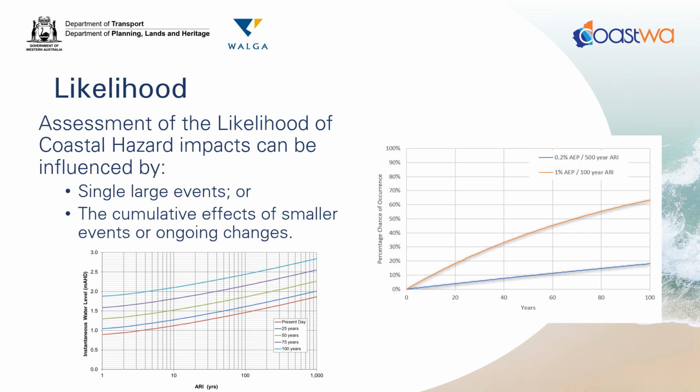When we're looking at erosion, we've got a 63% chance over the 100-year period, and when we're looking at inundation, we've got about an 18% chance. But you can also go back through each of the different planning horizons that are intermediate to the 100 years, and you can actually assess what that likelihood is.